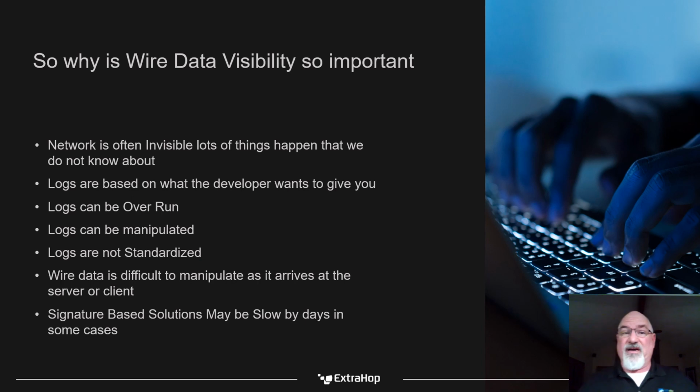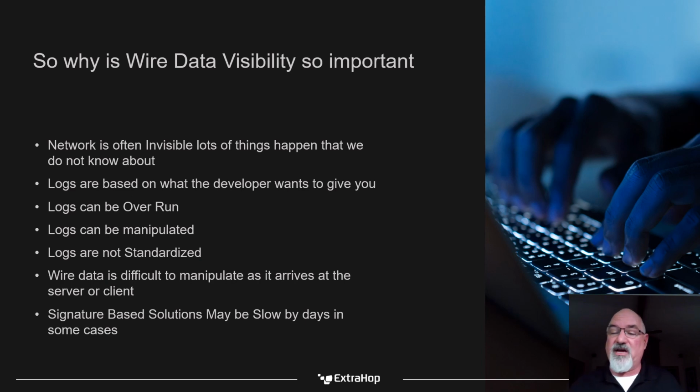So as we've talked about, why is wire data visibility so important? We can do a lot of things visibility-wise with different things, i.e., Wireshark or logs or endpoint protection. The problem is it doesn't cover everything.